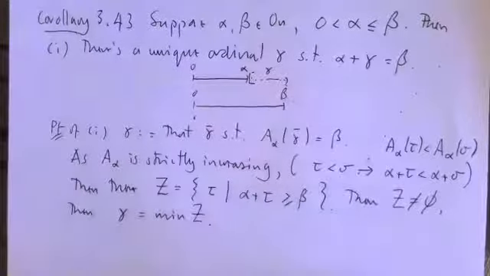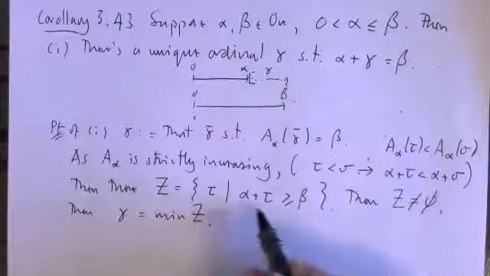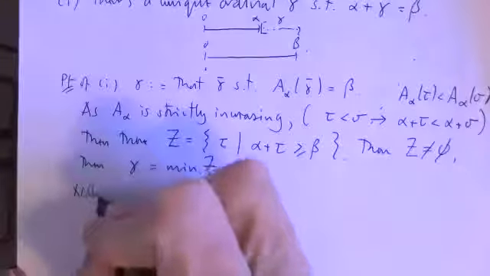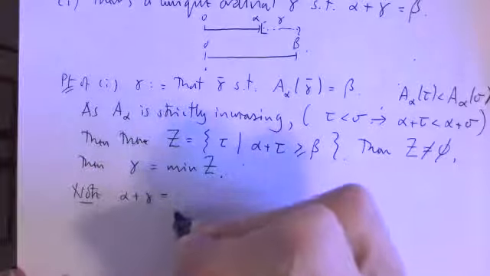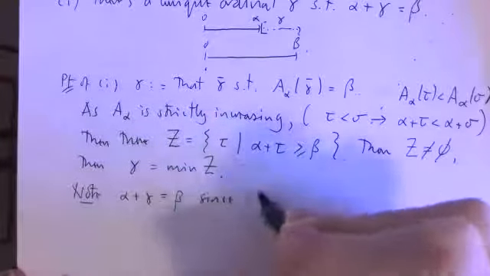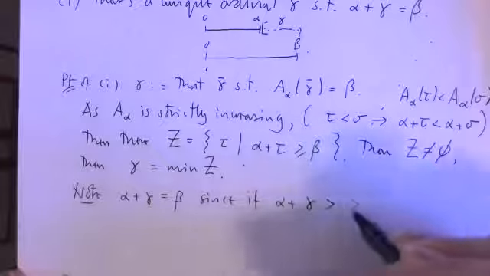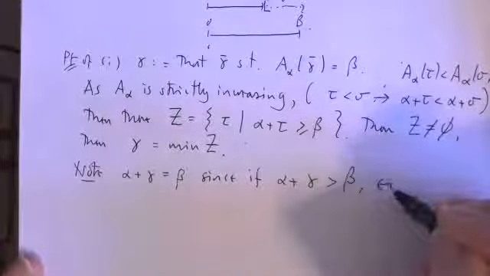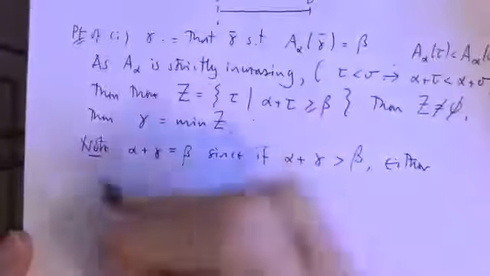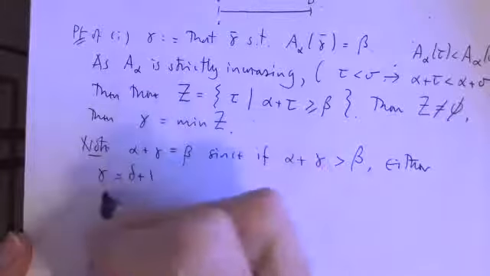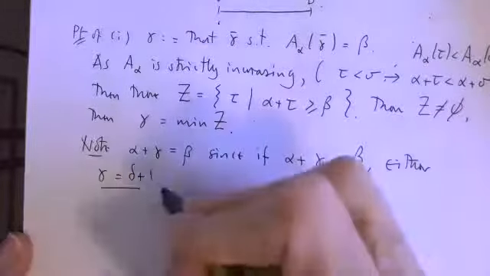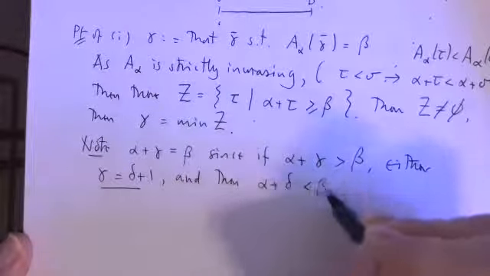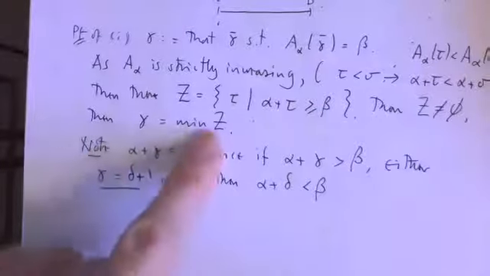I mean, you might still then be worried and say, but what if maybe alpha plus gamma is bigger than beta? Since if alpha plus gamma is bigger than beta, either gamma equals delta plus 1, a successor, or a limit. But gamma is the minimum thing in Z. Right?